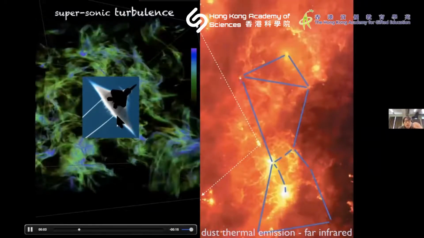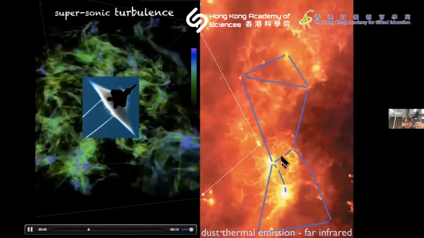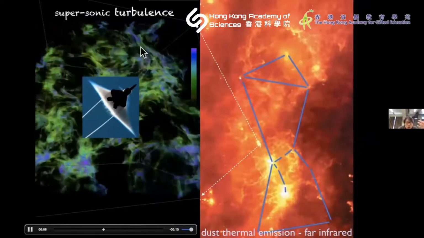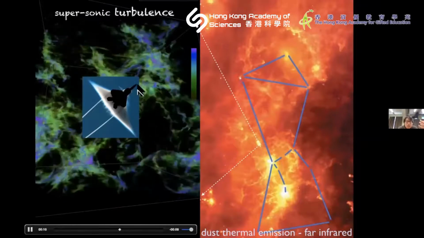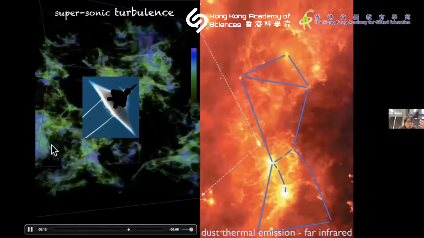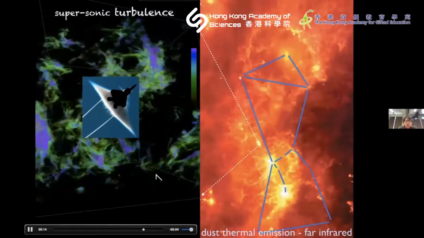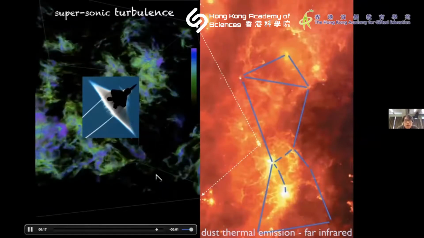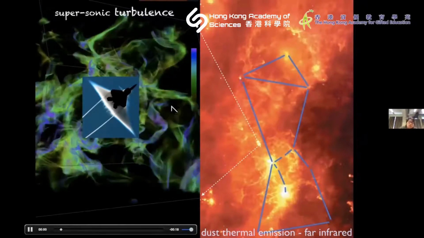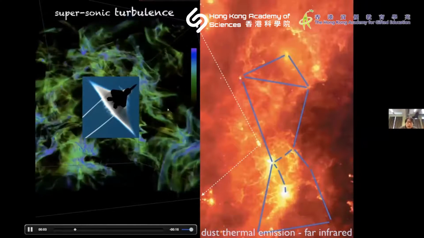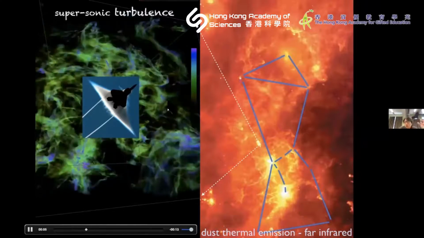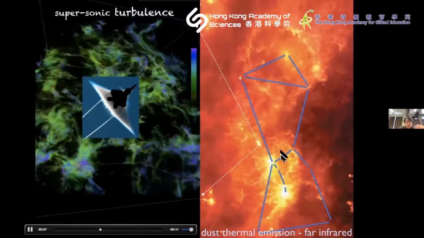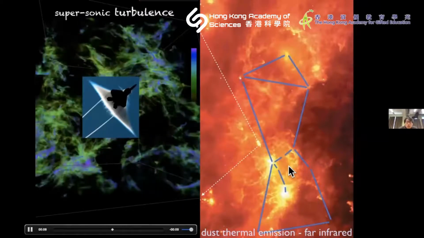And because the motion is supersonic inside this cloud, it will also create lots of supersonic shocks, which you see in the purple color here. And because they are moving so fast, of course, they are not moving to the gravitational well center at a free fall velocity.